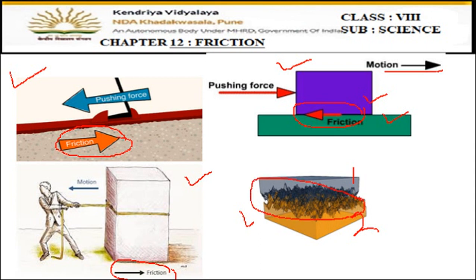Their irregularities get blocked amongst each other, due to which there is an interlocking between the two surfaces, which gives rise to rubbing. The force which is produced because of this rubbing and interlocking is nothing but the frictional force, and this frictional force is always acting in the opposite direction to the applied force.